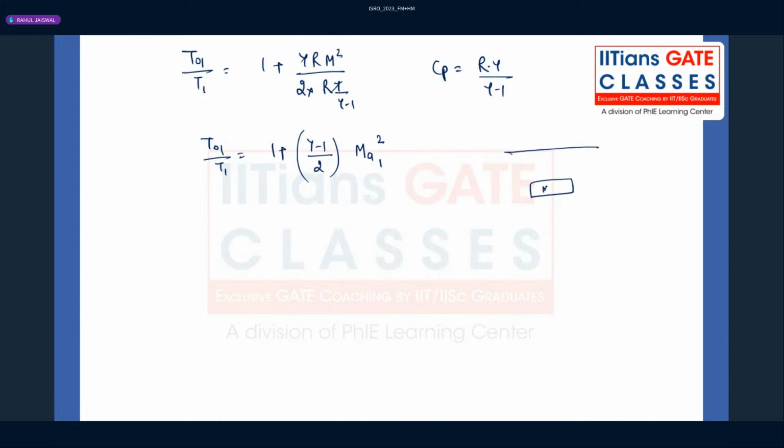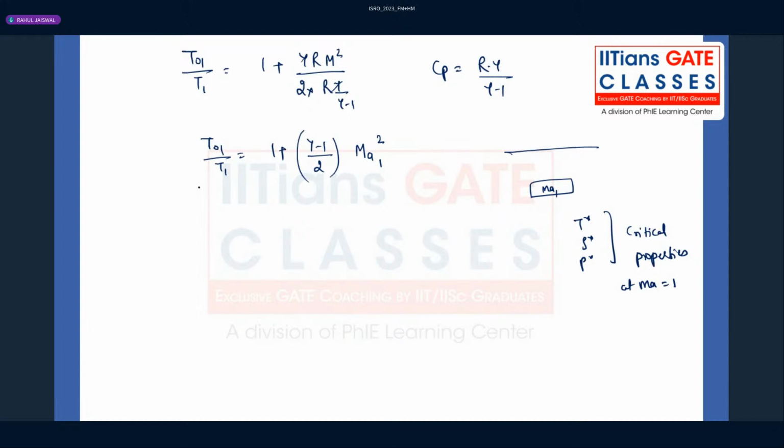Let's say we have a certain Mach number and you are expanding till the point of critical condition. Critical properties are T star, rho star, P star. These critical properties are calculated at the sonic condition, at Mach number equal to 1.